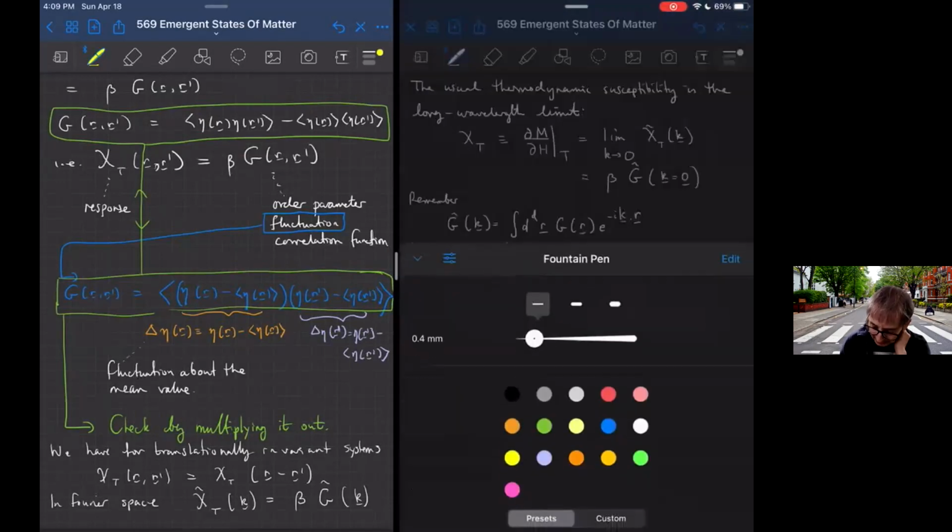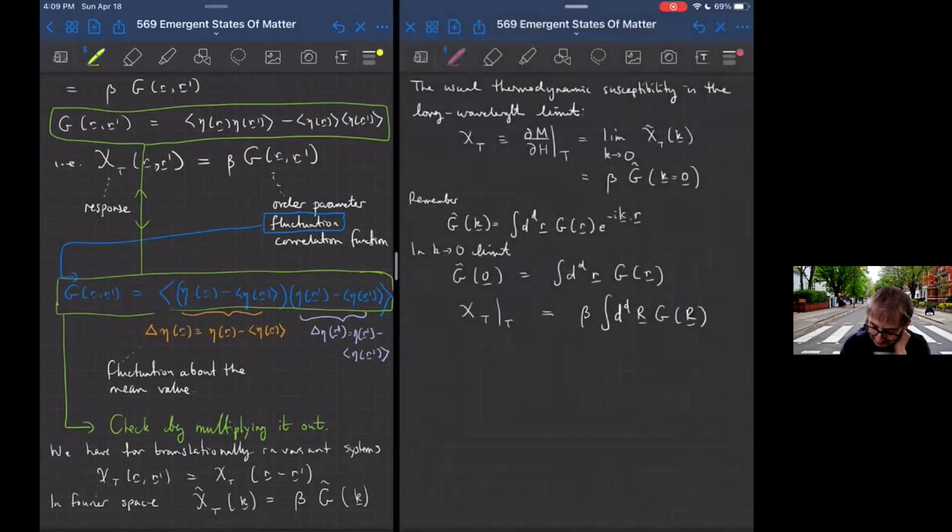And so this connects the spatial integral of correlations with the static susceptibility from thermodynamics.